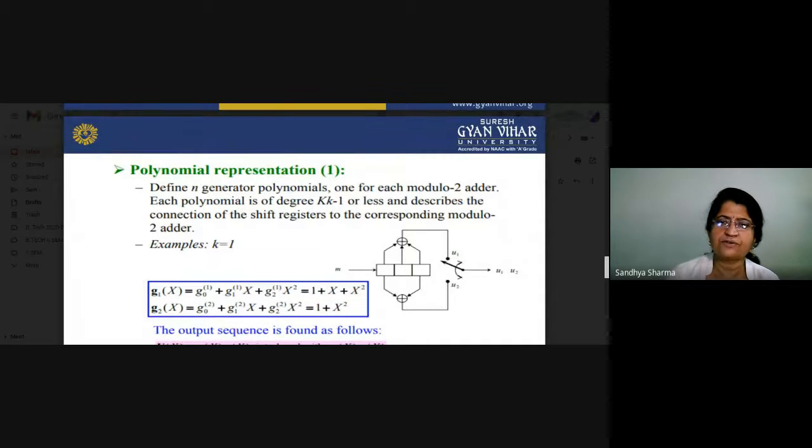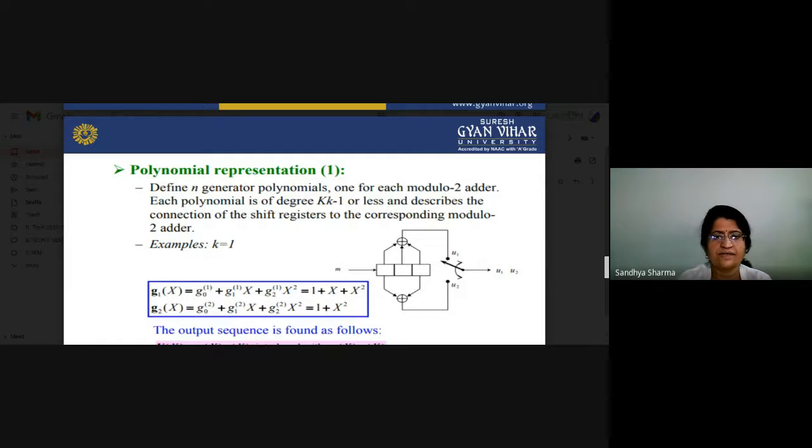Polynomial representation. If you are given the vector representation, define the n generator polynomials, one for each modulo 2 adder. According to the output circuits you have, you can calculate the polynomial representation of your convolution encoder. So for example, K is equal to 1, and we are starting from here.